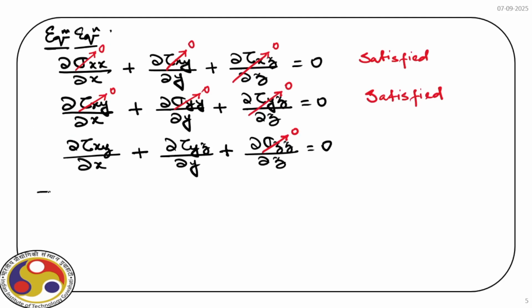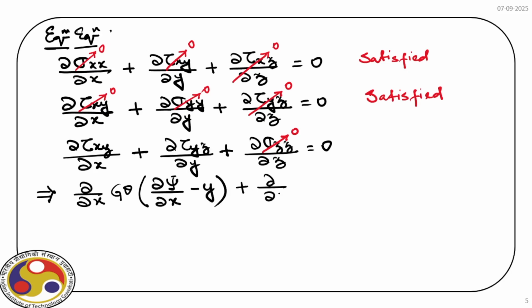So, for this last equation, we have the first term where tau xz is differentiated with respect to x. So, for tau xz, we can write G theta times psi differentiated with respect to x minus y, plus the second term, in place of tau yz, we can write G theta times.